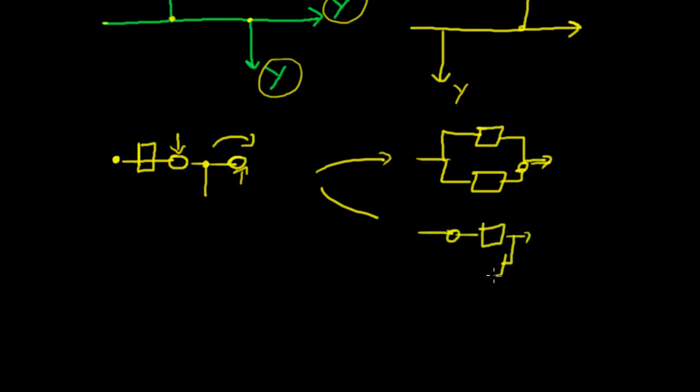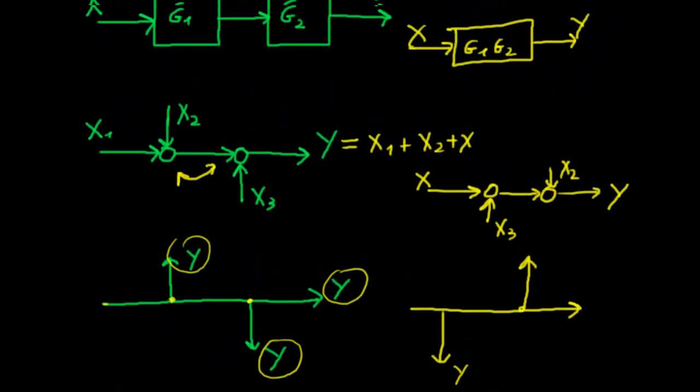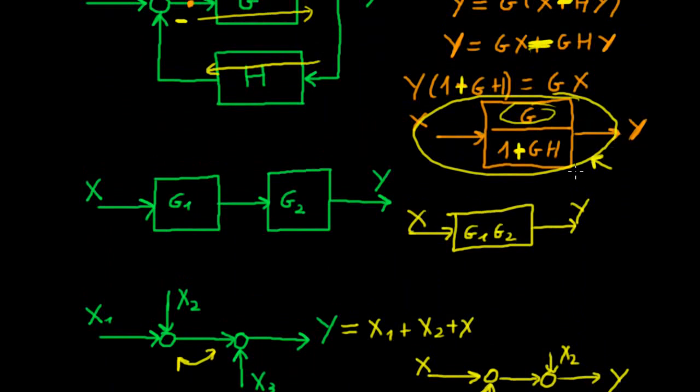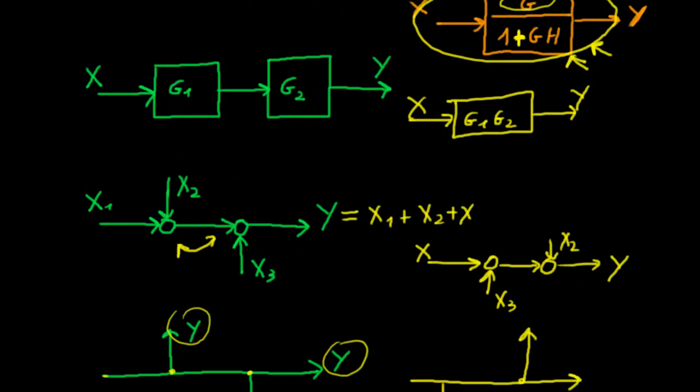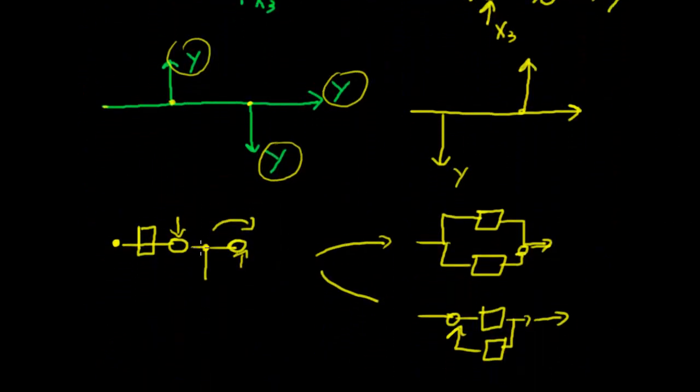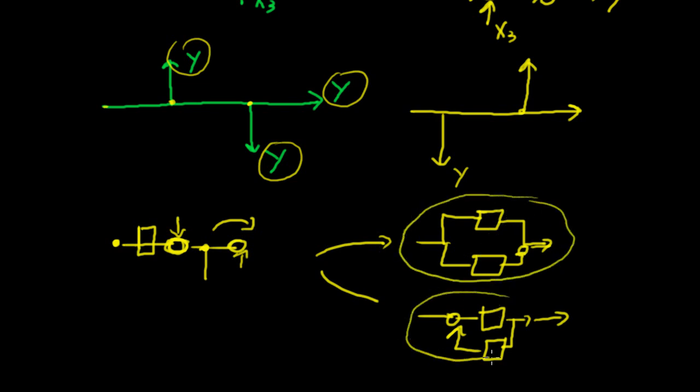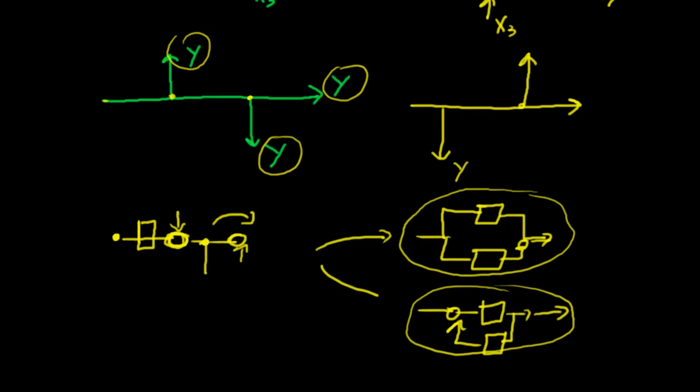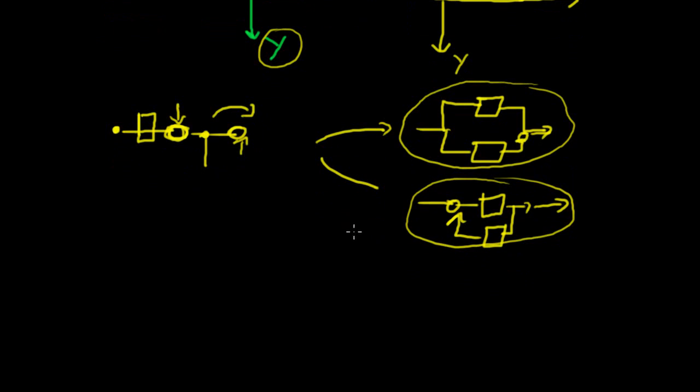And then you can replace it with this block here. So you perform operations, you move summing points and takeoff points until you find either this or this, and then you replace the whole thing by a new block and keep on doing operations.